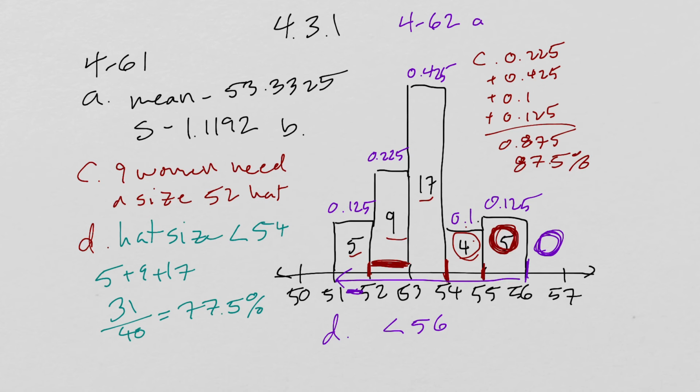We already have 87.5%, so all we have left to do is add this one. 0.875 plus 0.125, and if you add those together, we get 1, which is 100%. So 100% of our hats in this sample are below size 56, which makes sense because that's all of our data, right?